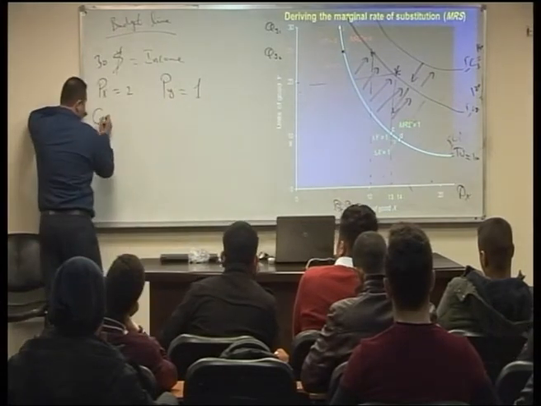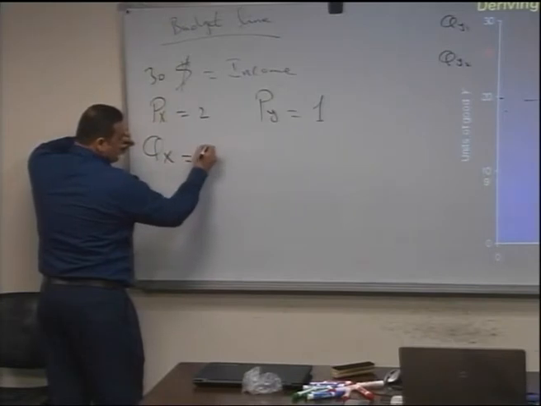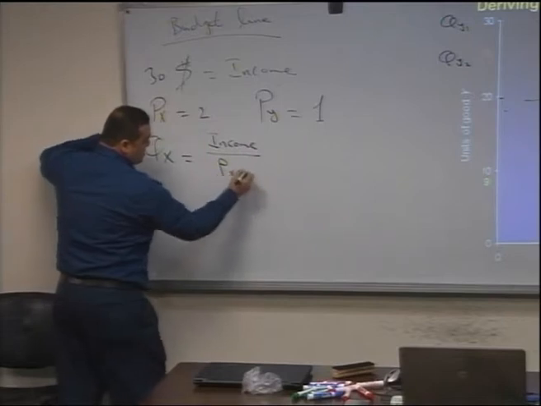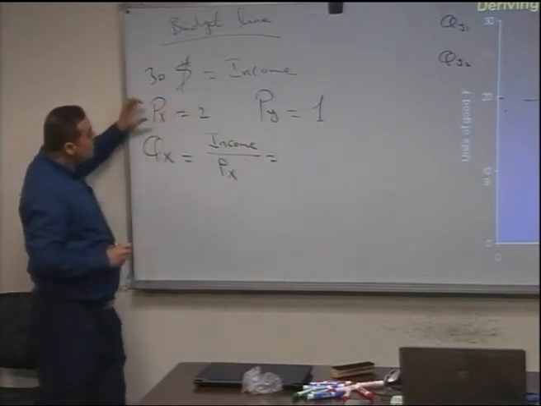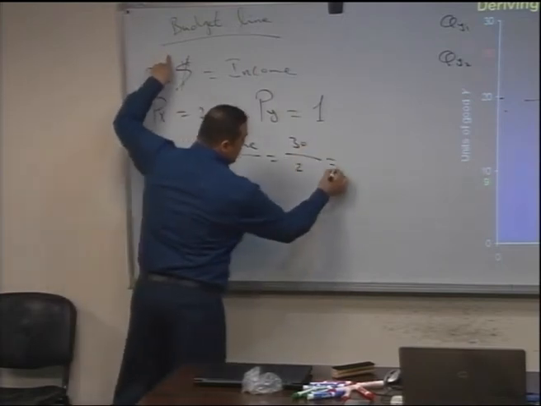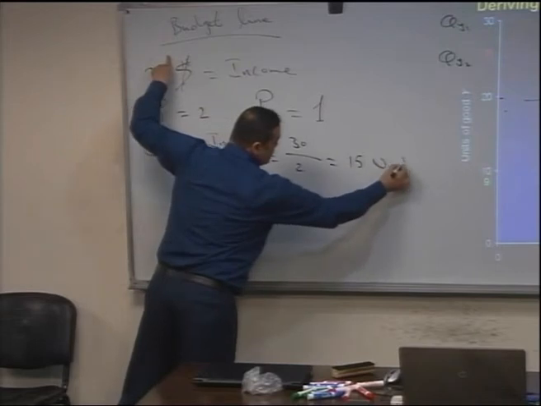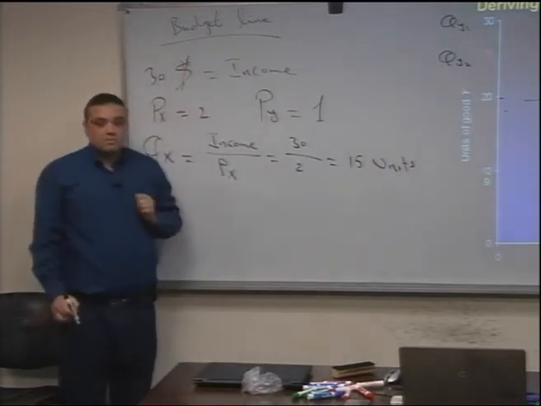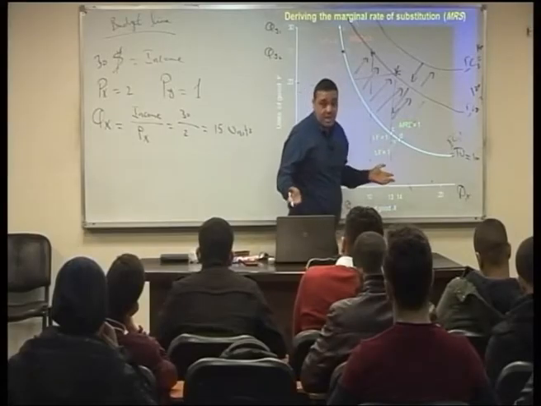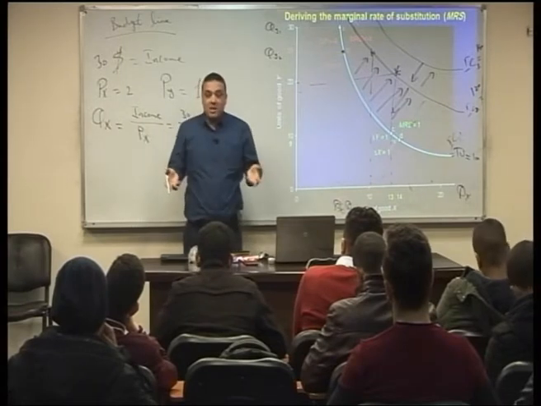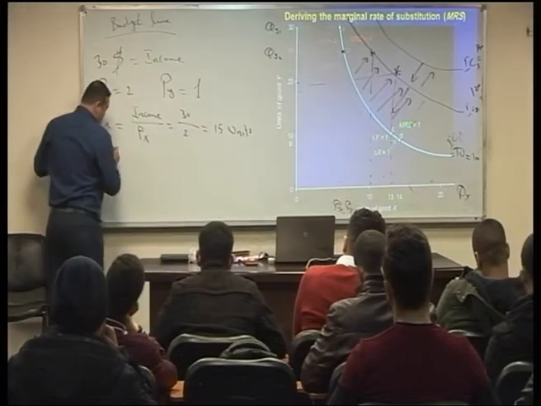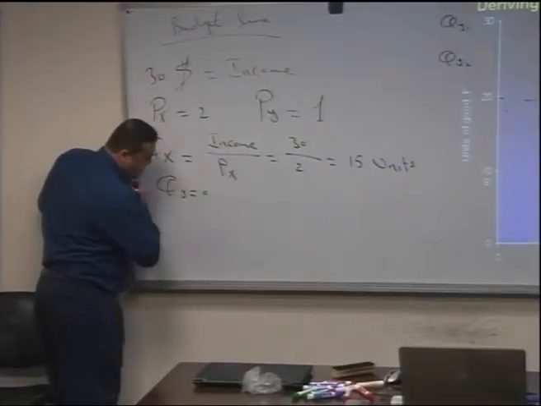So the quantity purchased of X equals the consumer income over the price of X, equals 30 over 2, equals 15 units of X. And how many units of Y can he buy? Zero, nothing, because he allocates all of his income to buy only X. So the quantity of Y equals 0.